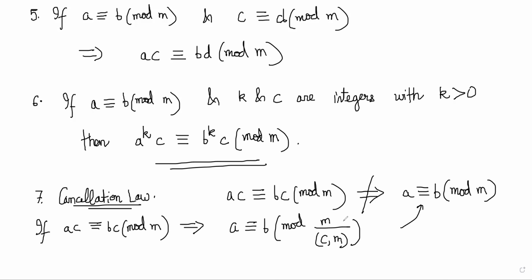But in other cases, when C and M are not co-prime, you will have to be satisfied with this statement. So remember that the cancellation law does not apply as per usual.